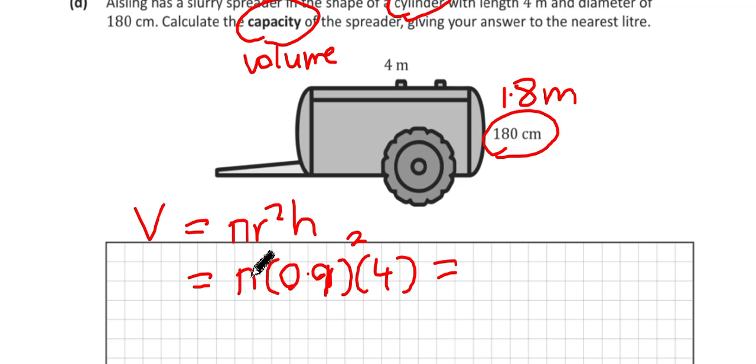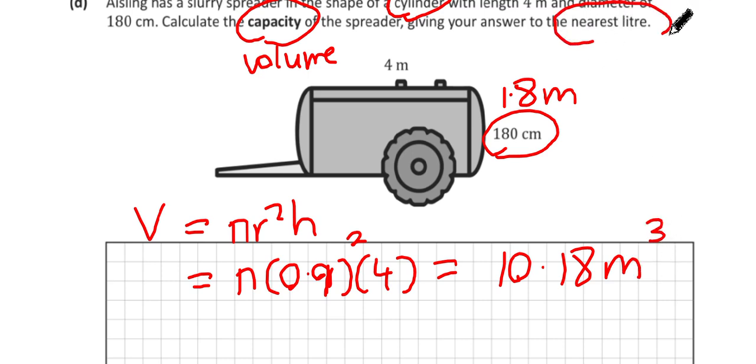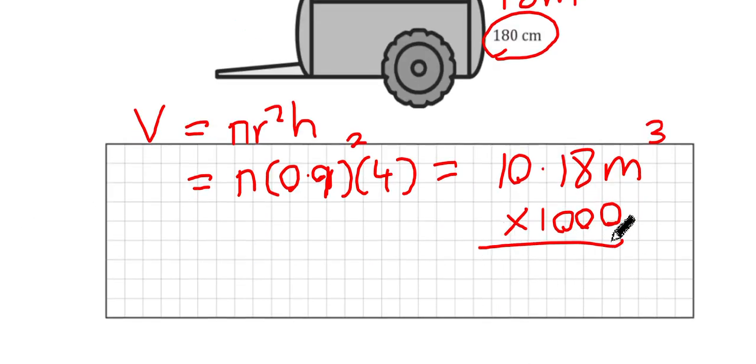Did you put pi in as well? Can anybody else verify 10.18 meters cubed? Okay. One problem with my answer: nearest liter. I think it told me earlier in the exam that 1 meter cubed is the same as 1,000 liters. So let's do that. Then I get 10,180 litres.